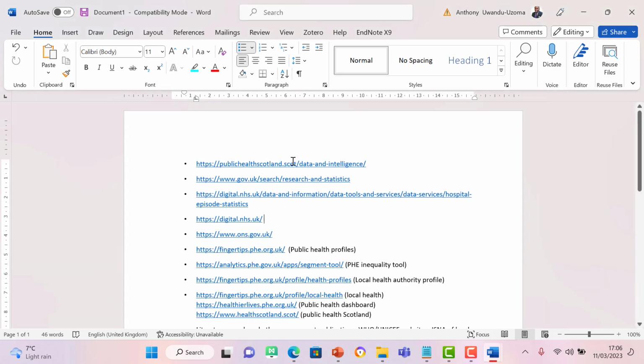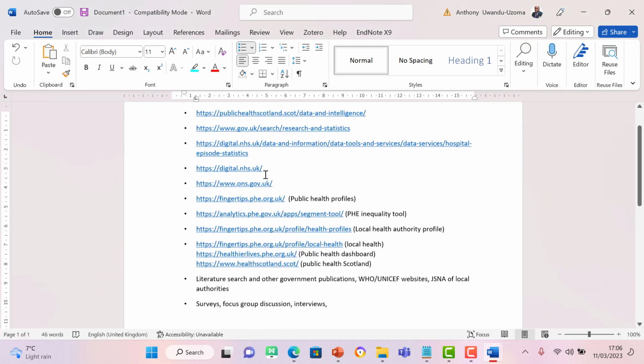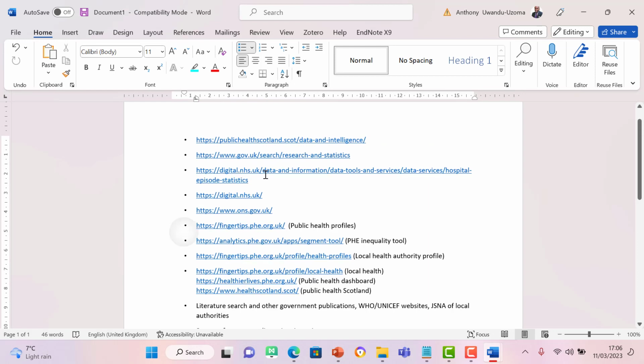I've listed for you some tools that you can use. If you click on any of these links, which are in the PowerPoint, you'll be able to see how to access some data sets and statistical data, so that you'll be able to retrieve data for your health needs assessments.